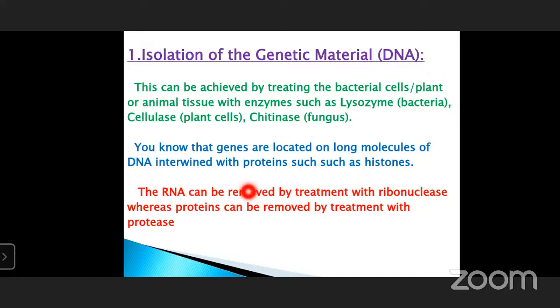The DNA is isolated with the help of a glass rod, and that process is called spooling. With the help of that glass equipment, DNA threads are removed by a phenomenon called spooling.